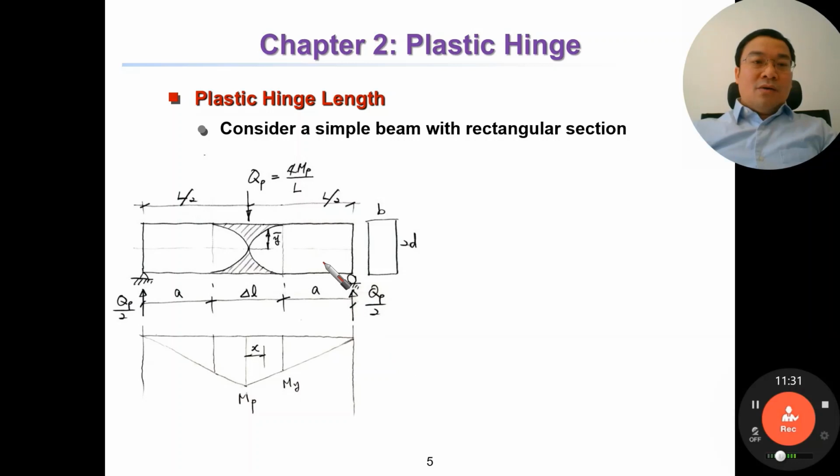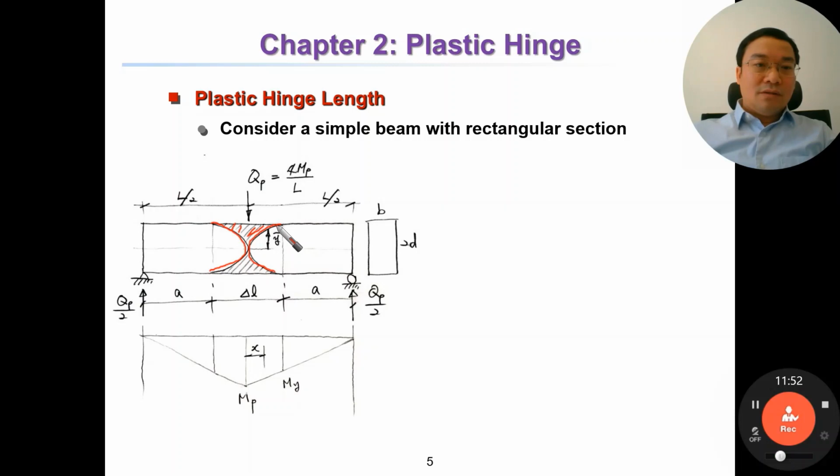Now we are moving to the next step. How to determine the boundary condition, the boundary between the plastic zone and the elastic zone.